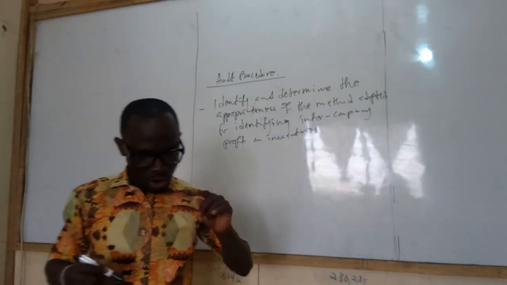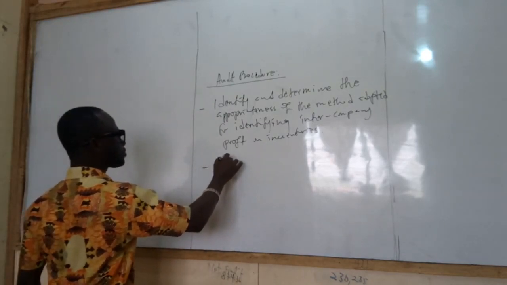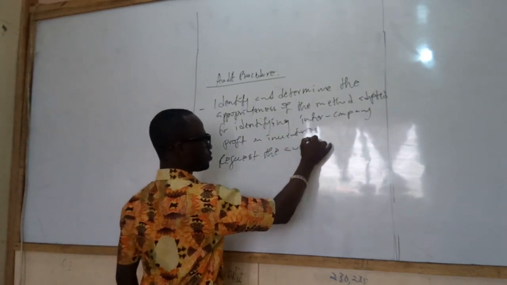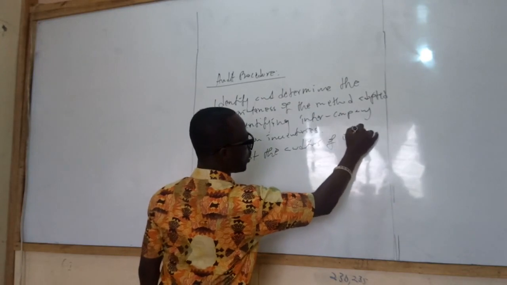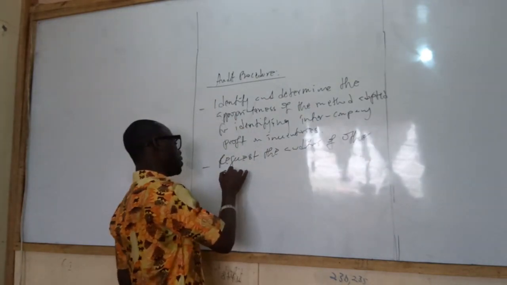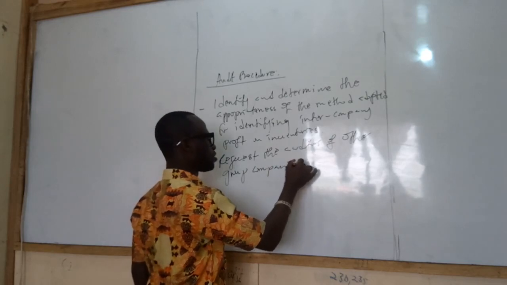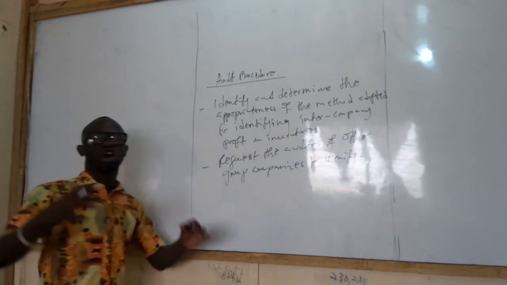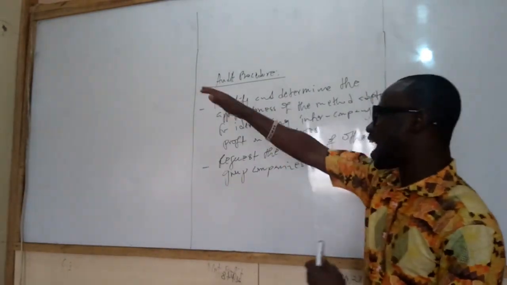Second, request the auditors of other group companies to verify. So, this is the consolidated financial statement. So we need to look at the other auditors.